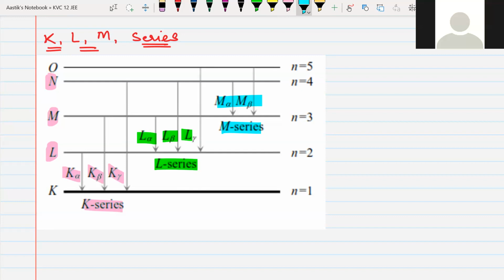Let me know once we are done. Has everybody understood this K, L, M, N series? Just this one diagram is more than enough. We don't have to write anything else.